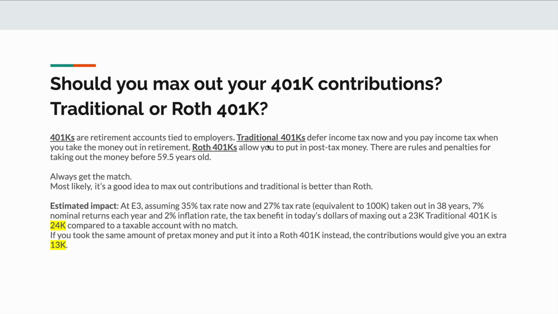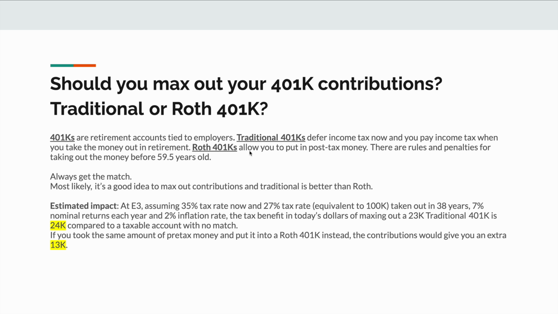There are two kinds of 401k accounts: traditional and Roth. Traditional, basically how that works is that you're not paying income taxes when you put the money in, but you pay the income taxes when you take the money out during your retirement. And you will pay income taxes on the growth of that money as well.